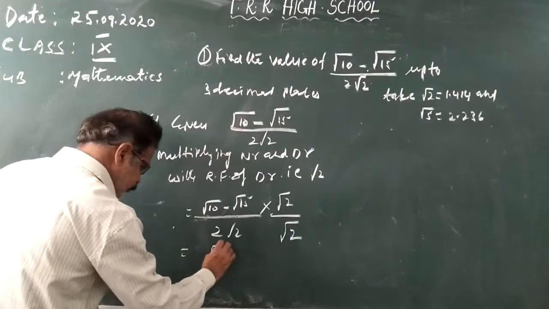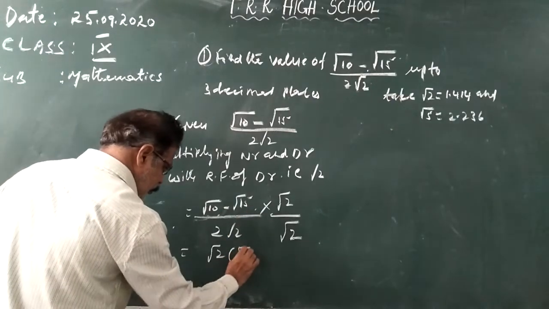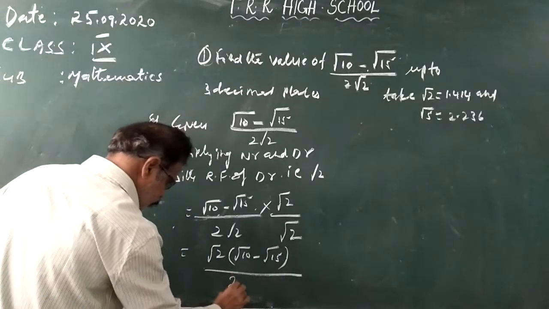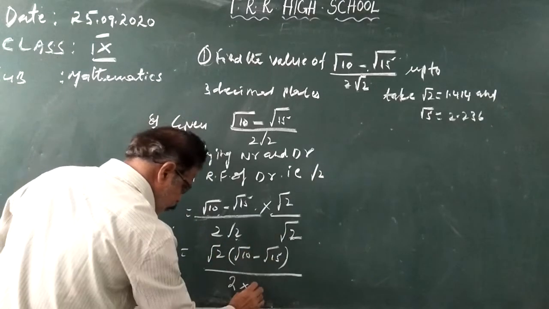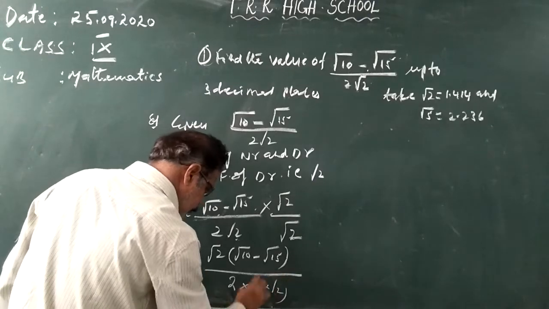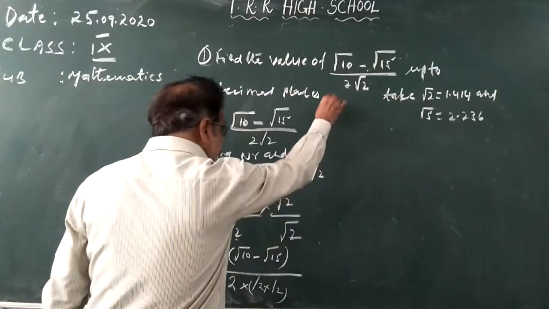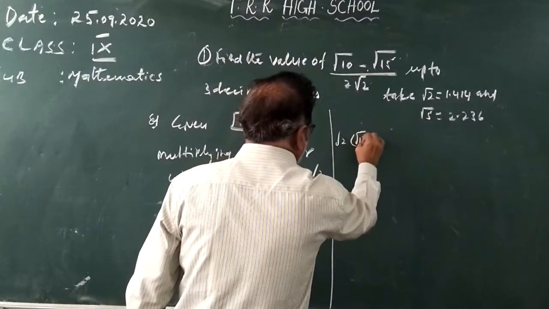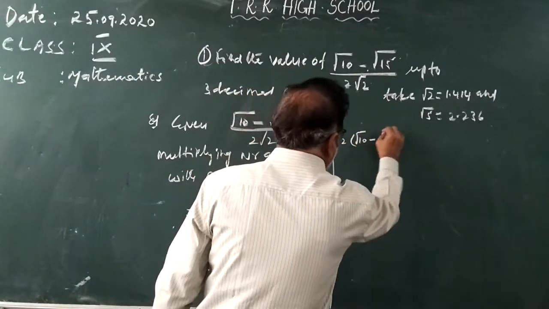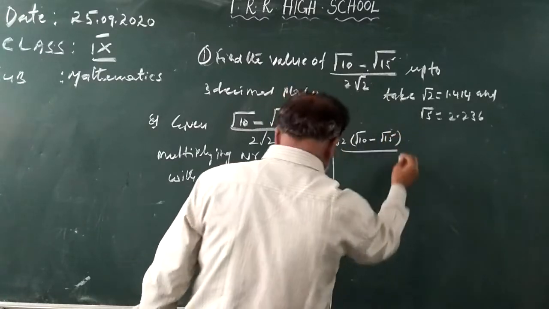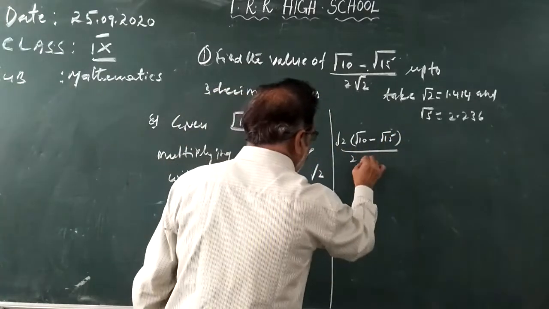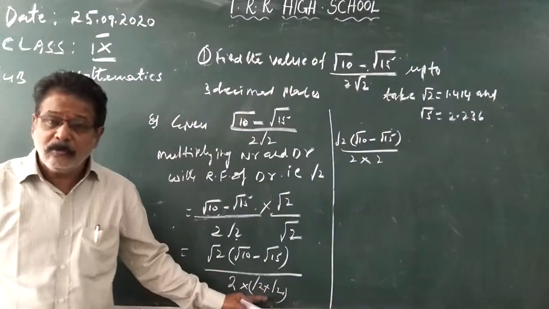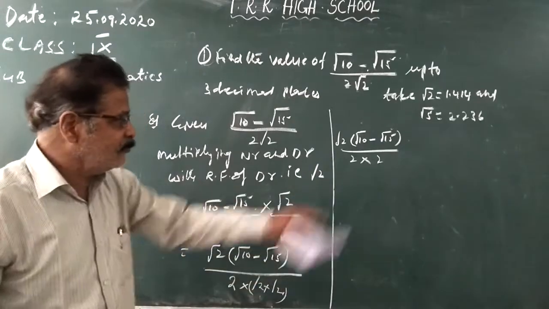Now, root 2 into (root 10 minus root 15) by 2 into root 2 into root 2. Root 2 into root 2 is root 4, and root 4 means 2.